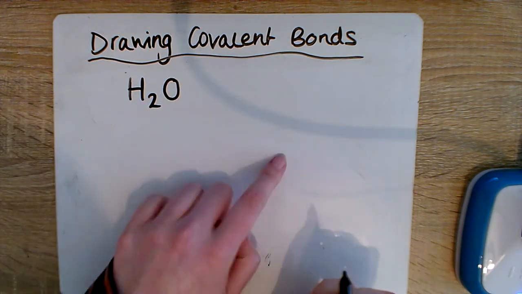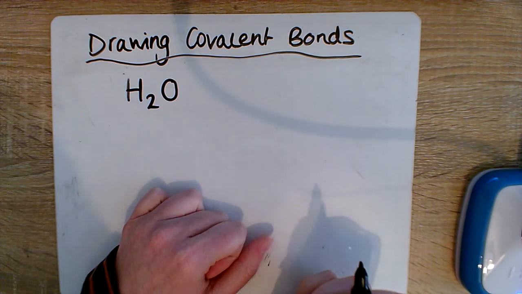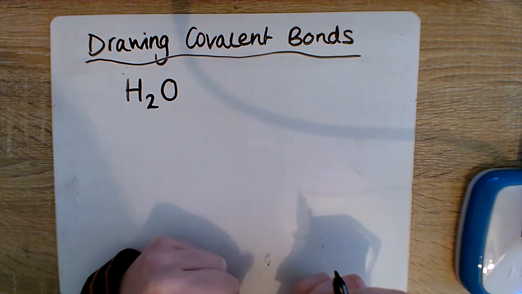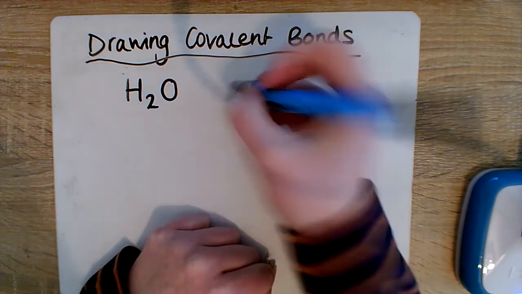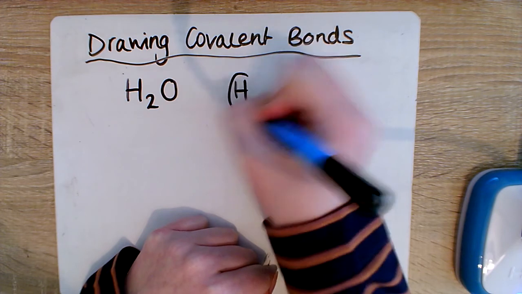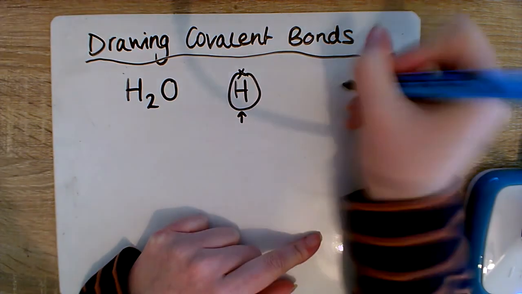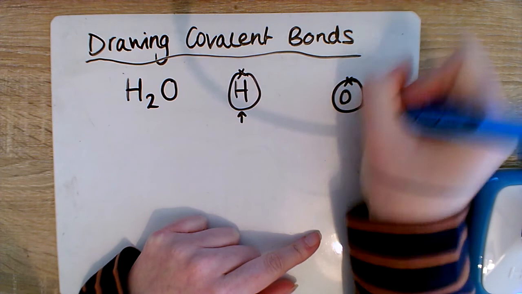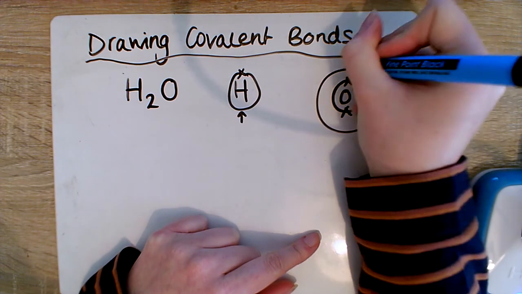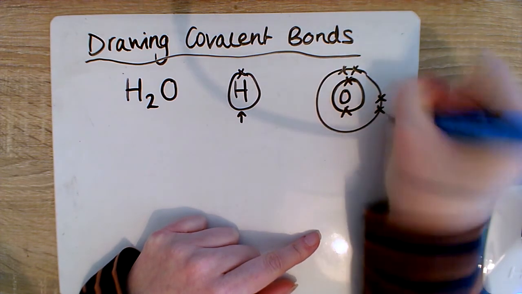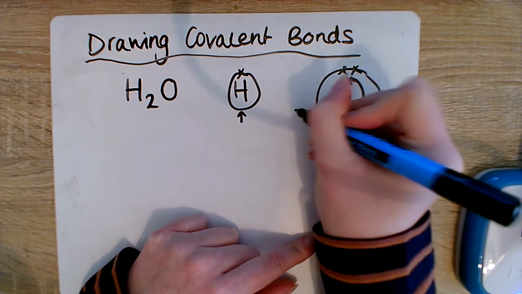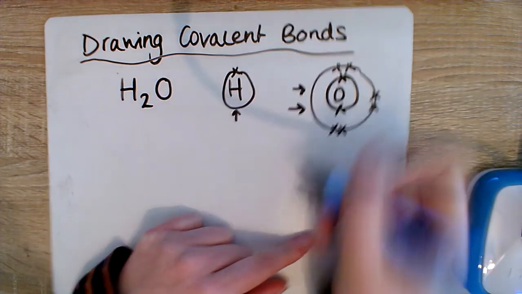Now we've already looked at hydrogen and oxygen in the previous examples, so we know how many electrons they've got and how many they need. So just as a quick reminder, hydrogen has got 1 in its outer shell and it wants 1 more. Oxygen has got 6, 1, 2, 3, 4, 5, 6 in its outer shell and it wants 2.